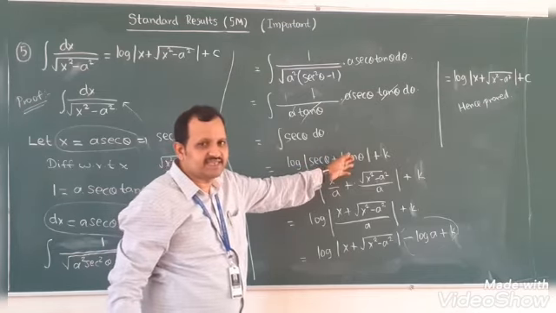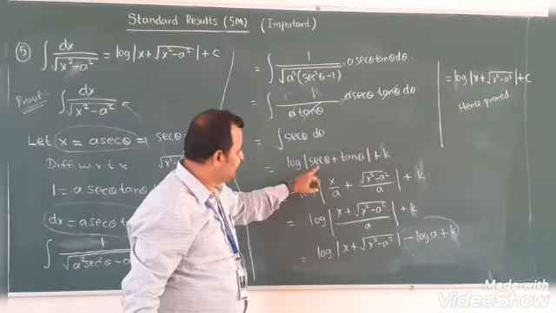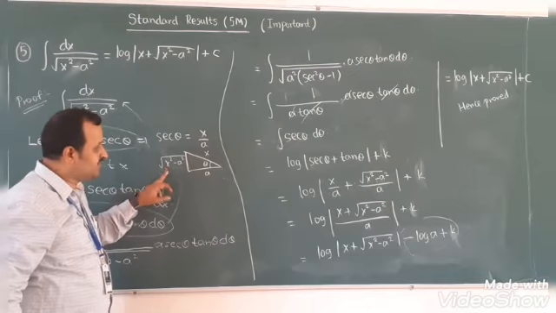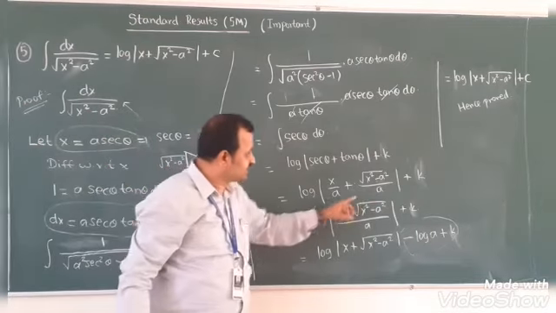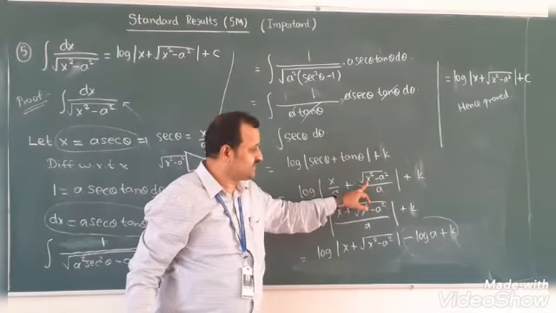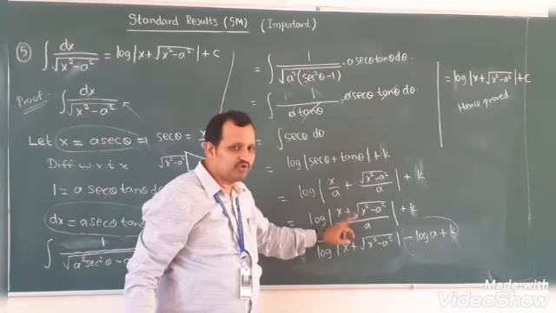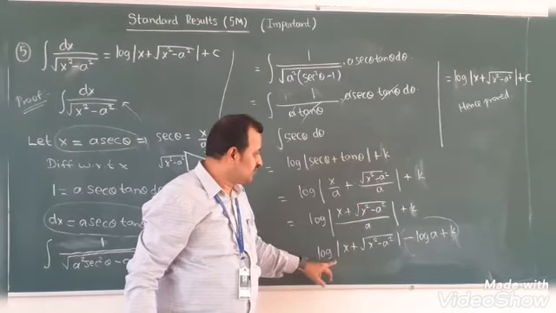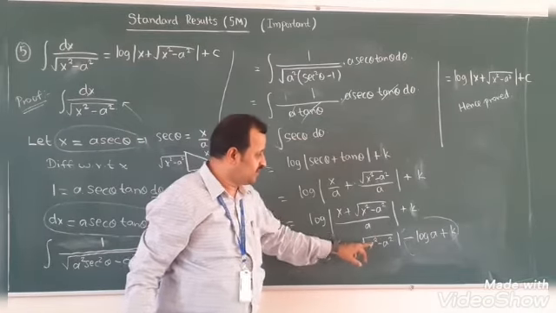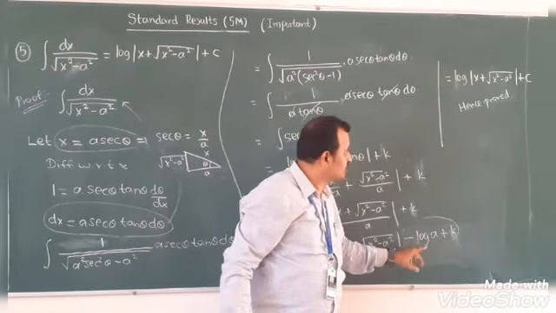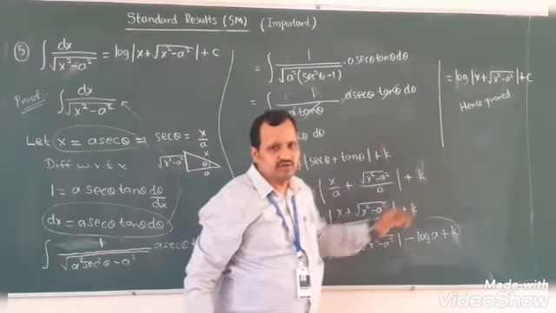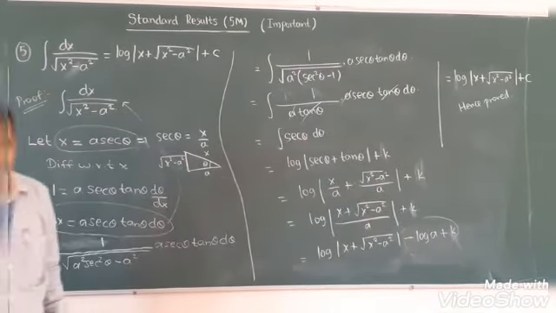In place of c, I have written k. Now secant theta is nothing but x by a. Now find tan from the figure. Tan is root over x square minus a square by a. Take LCM, you will get this. Log a by b, we can write as log a minus log b. So in place of k minus log a, we can write c. So this only we have to prove. I hope all these steps are clear.